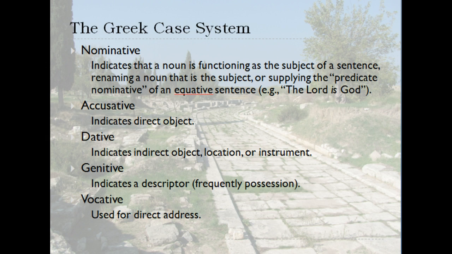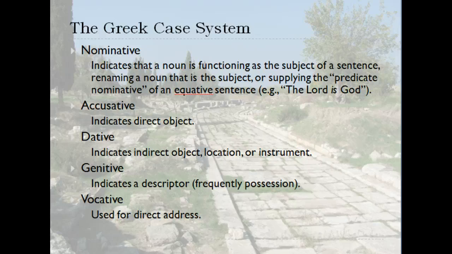The dative case in Greek covers three very important functions. First, a noun in the dative case could be the indirect object of the sentence, or it could be the location in which the action takes place, or it could be the instrument by means of which the action takes place.